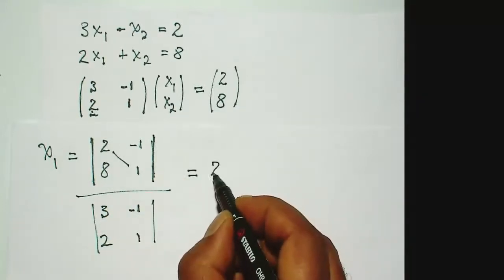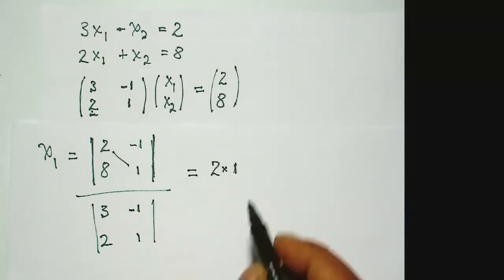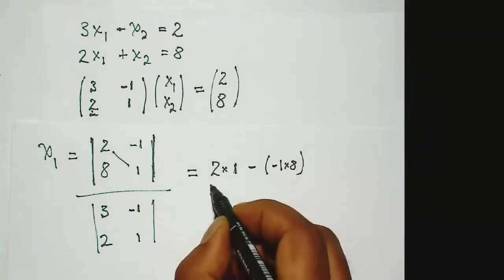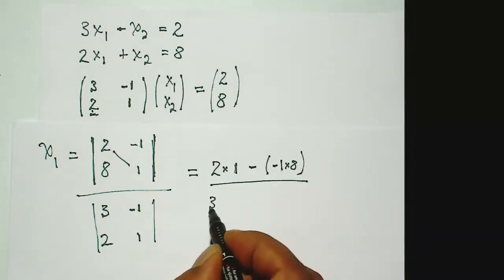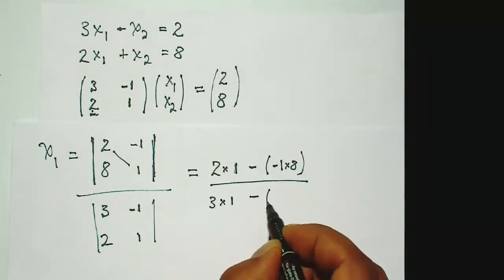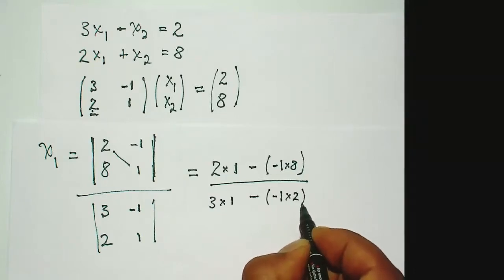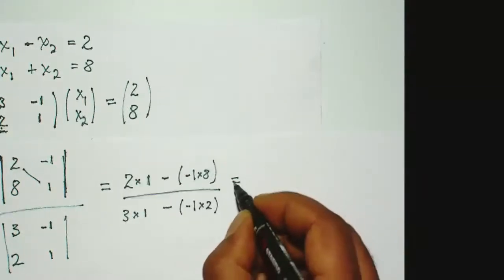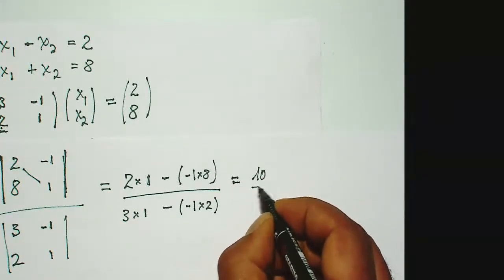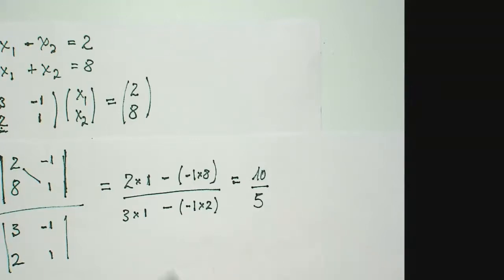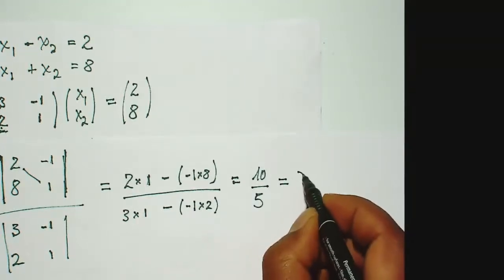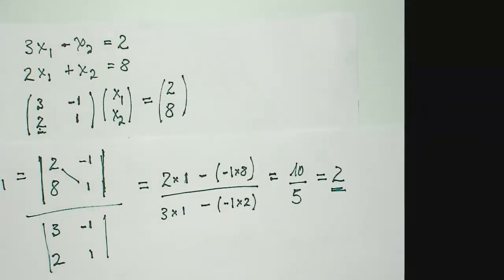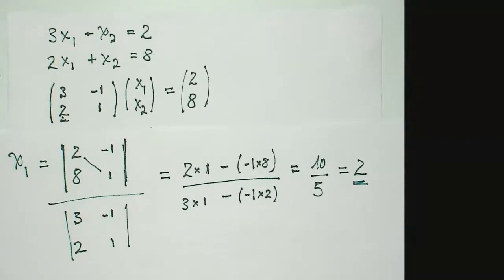Taking the diagonal terms for the numerator, 2 multiplied by 1 minus 1 multiplied by 8, and for the denominator we would have 3 multiplied by 1 minus 1 multiplied by 2. So the numerator would give you a value of 10, while the denominator will give you a value of 5. So this would give us a final value of x1 equal to 2.